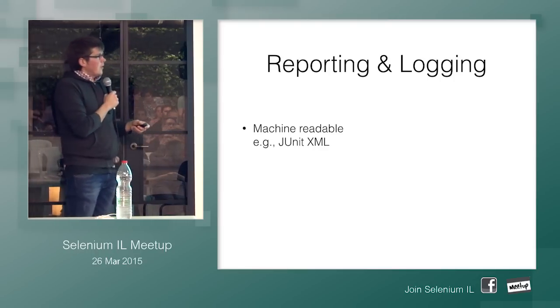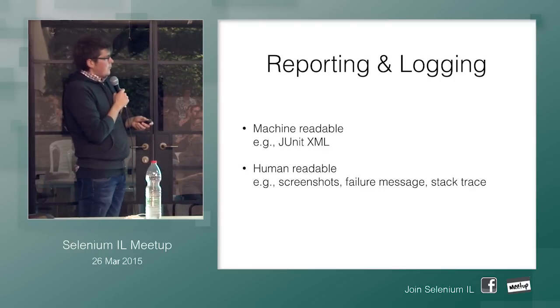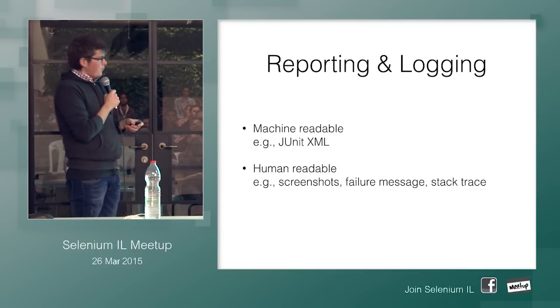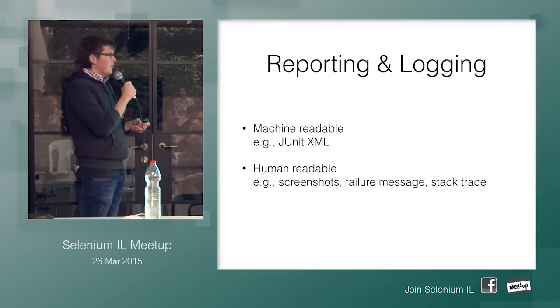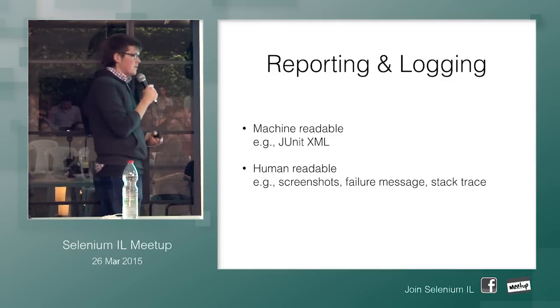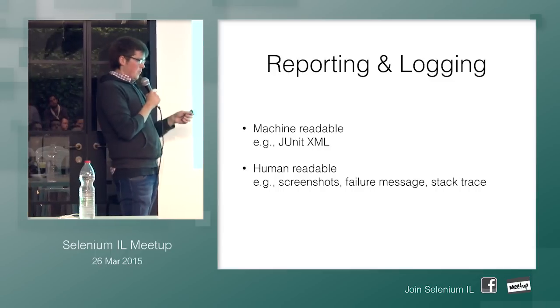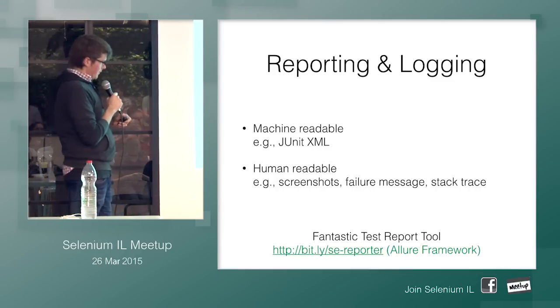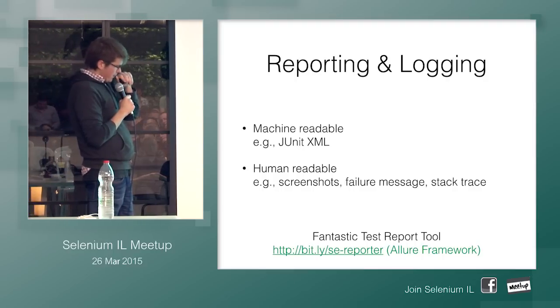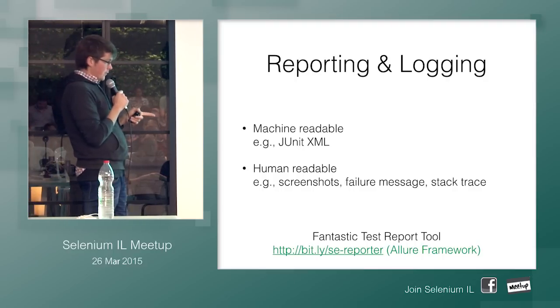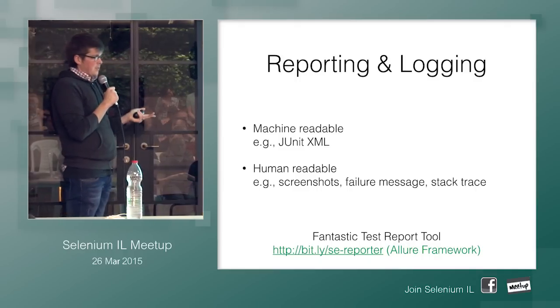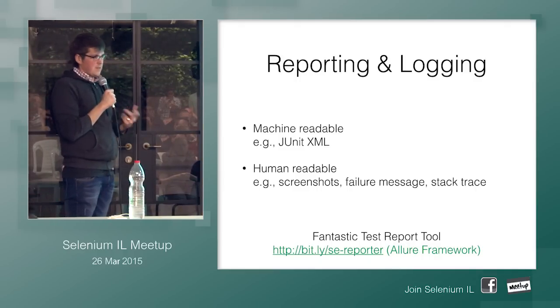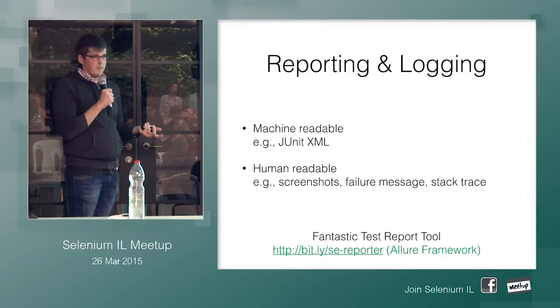And in terms of reporting and logging, what I mean by that is machine-readable things like JUnit XML that can be consumed by your continuous integration server, and then human-readable things like screenshots, failure messages, stack trace information, so you could find that smoking gun. I mentioned the Yandex guys earlier, and they have this fantastic reporting tool called Allure that is language agnostic. They have bindings for pretty much every test framework that's out there for every language.